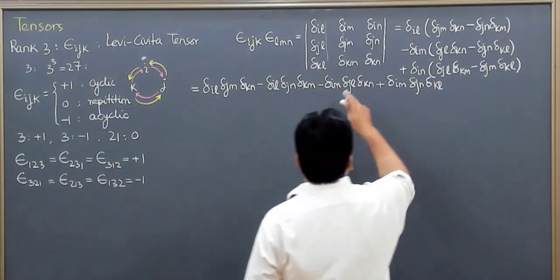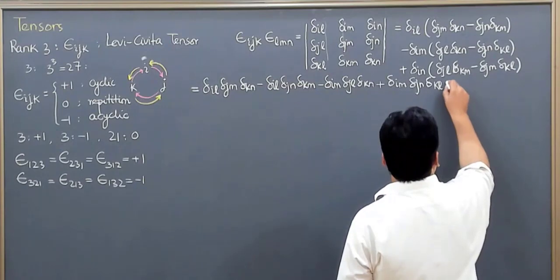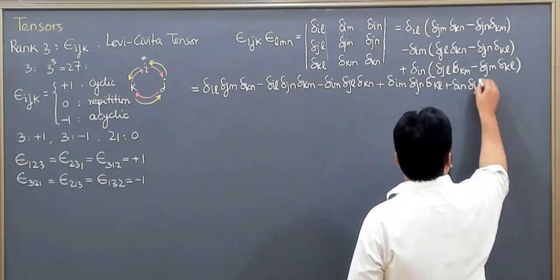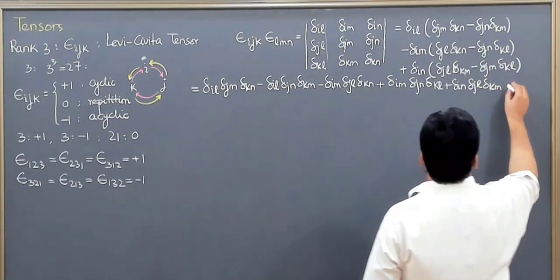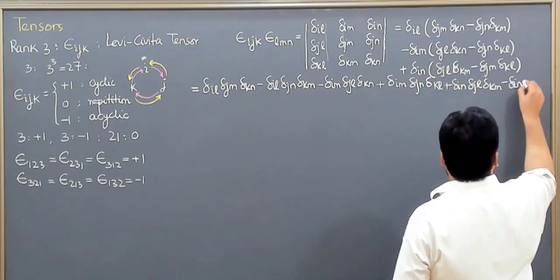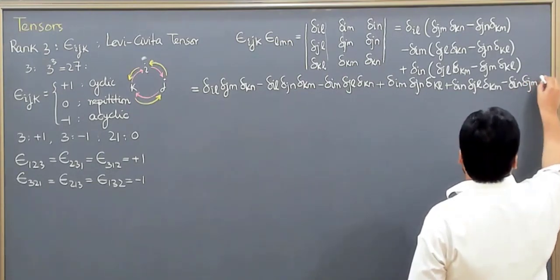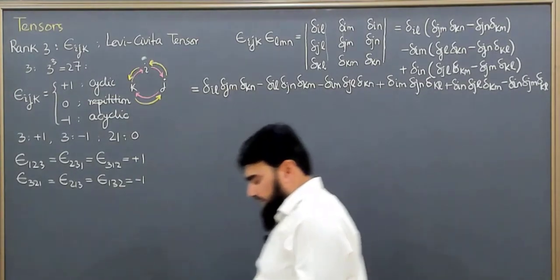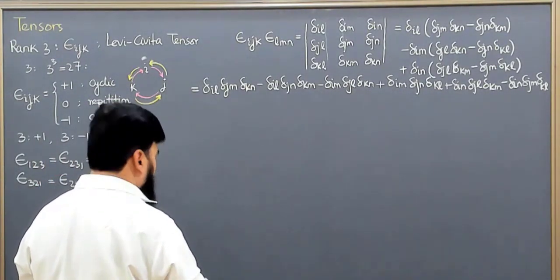Two terms are done here, and then finally we have plus delta in delta jl delta km minus delta in delta jm delta kl. So this is the expansion that we have.